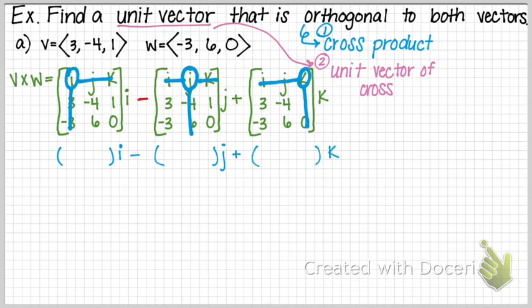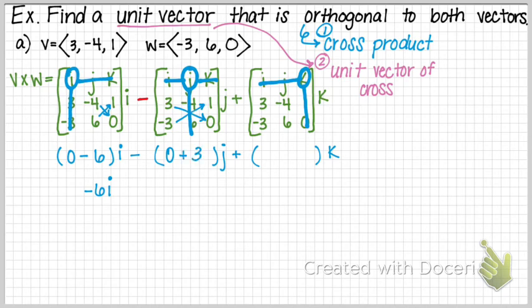All right. So let's find these determinants. So we'll take -4 times 0. So that's 0 minus 1 times 6 is 6. So we'll get -6i. Over for our j term, we'll take 3 times 0. That's 0 minus -3 times 1 is -3.